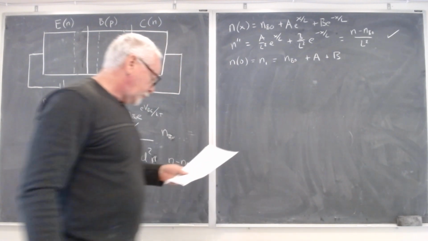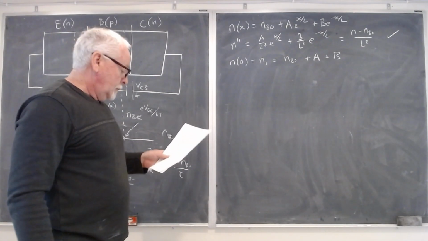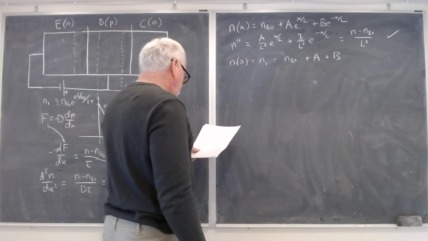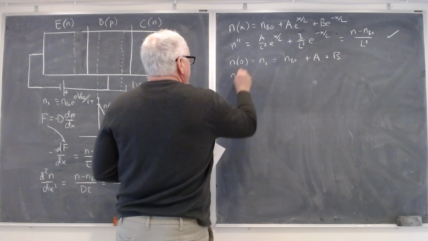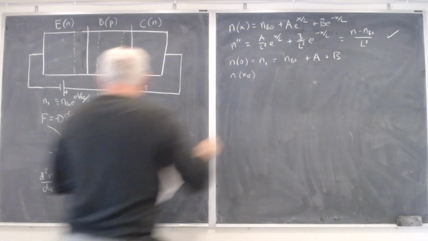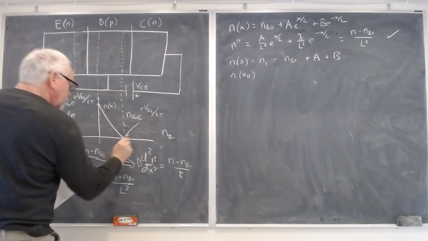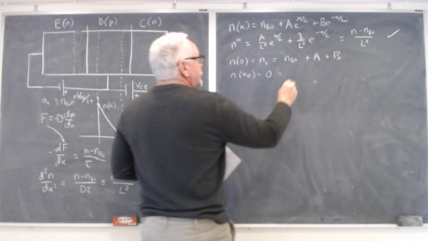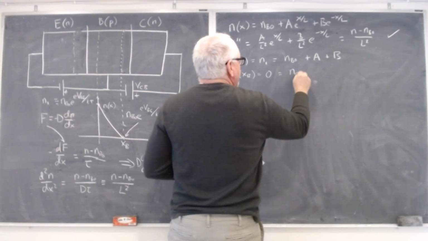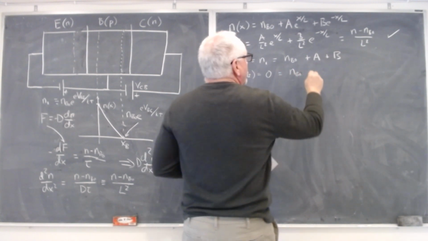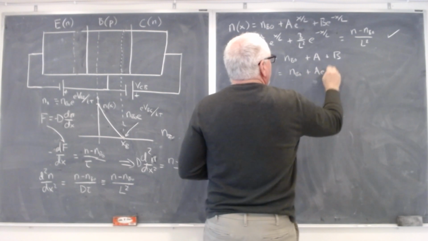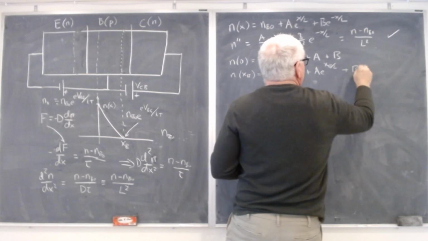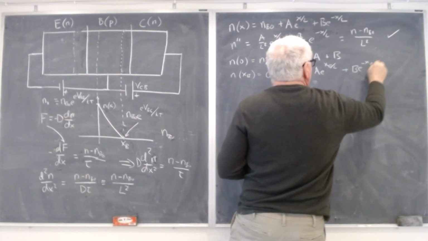So that's our one boundary condition. And our other boundary condition is n of xb, this is x sub b, is 0, and that's equal to nb0 plus A e to the xb over L plus B e to the minus xb over L.